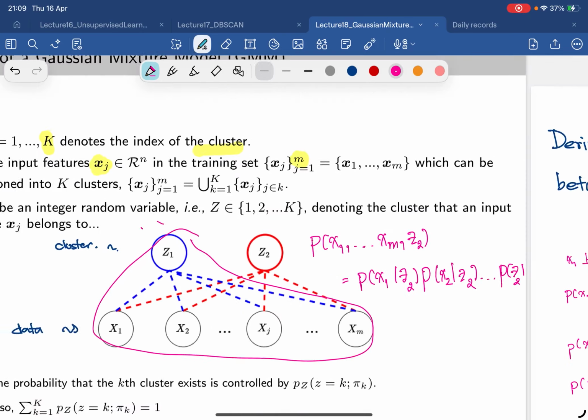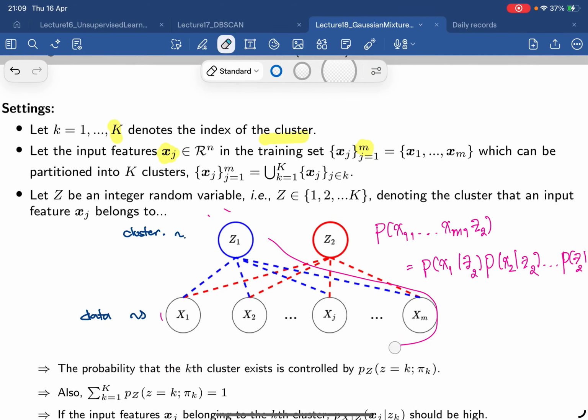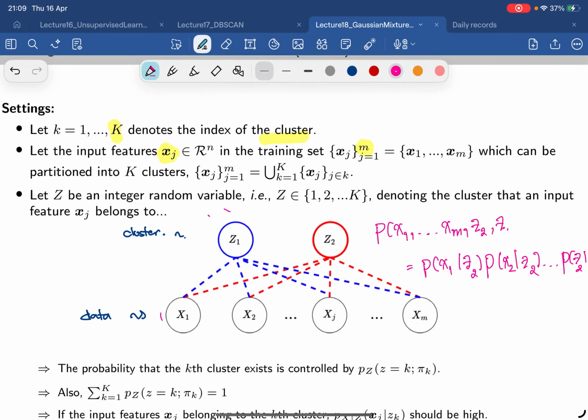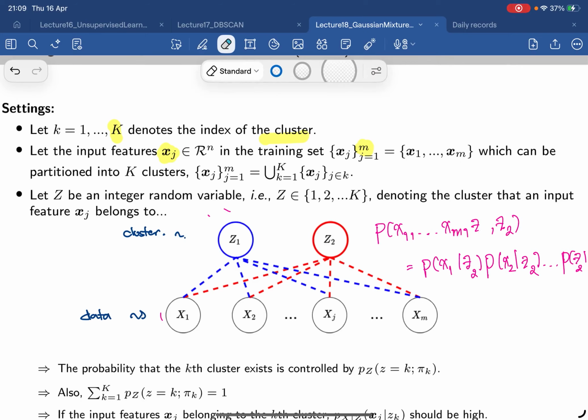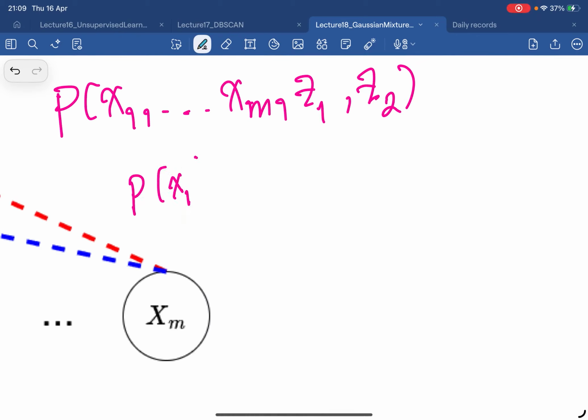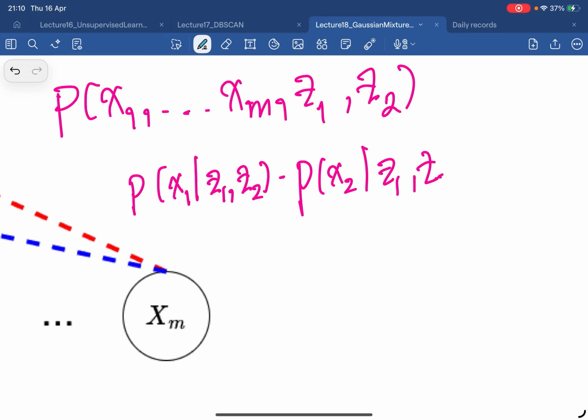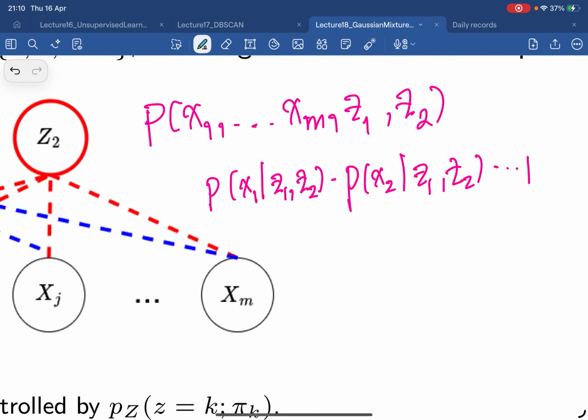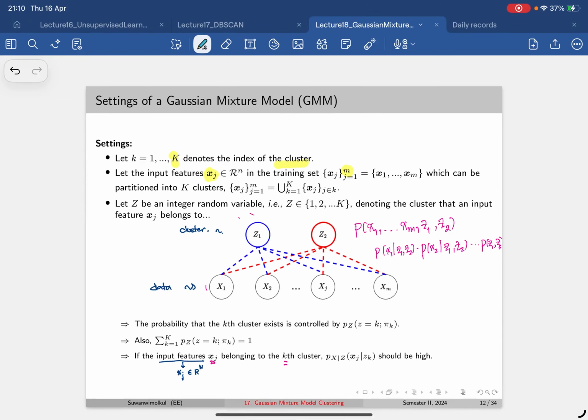But if we want to consider z1 and z2 together with x, this time it will be probability of x1 given z1, z2, times probability of x2 given z1, z2, and at the end you multiply everything with z1 and z2. Okay, this is what is meant.